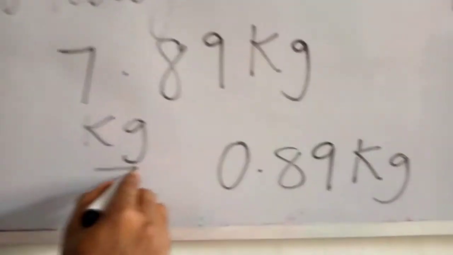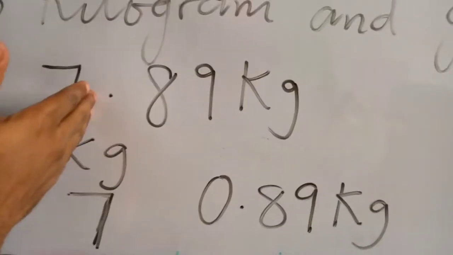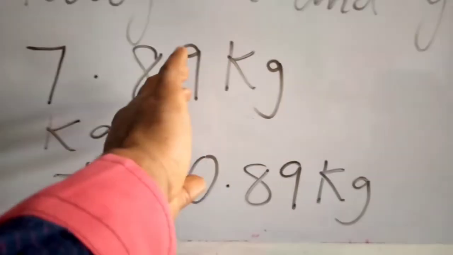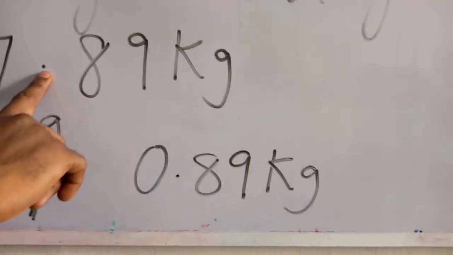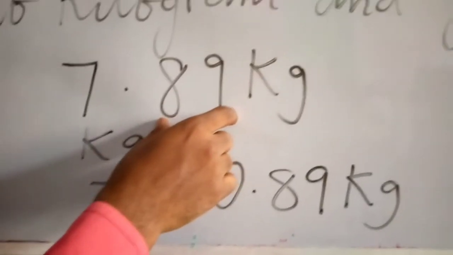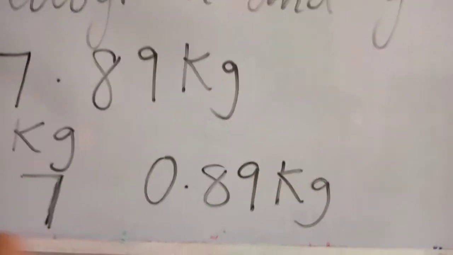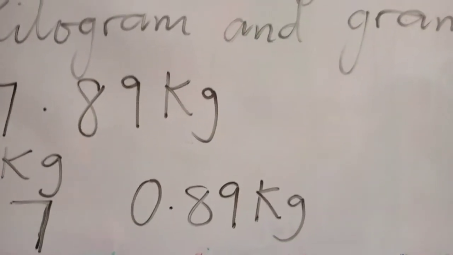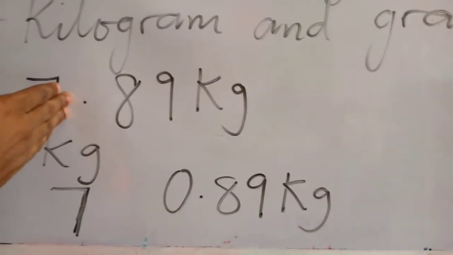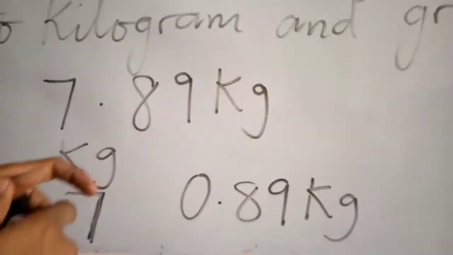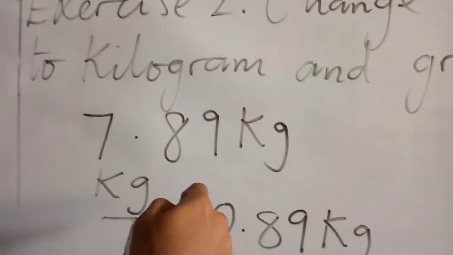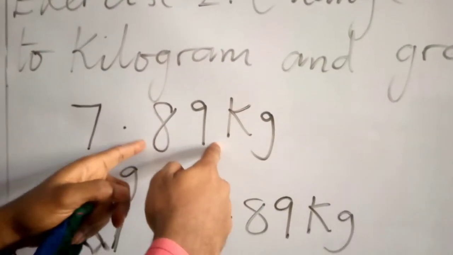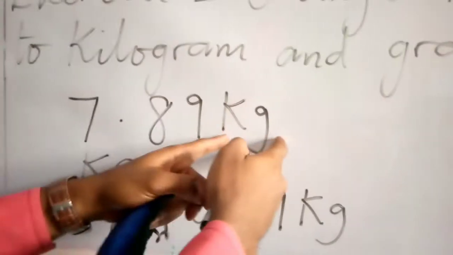This is already in 7 kilograms, so we don't need to change this. We change the number after the decimal point to what? To the smaller unit. In case you're asked to change to bigger and smaller unit, remember the one here is already in big units and the other one is in small units. So we just change this to gram, from kilogram to gram.